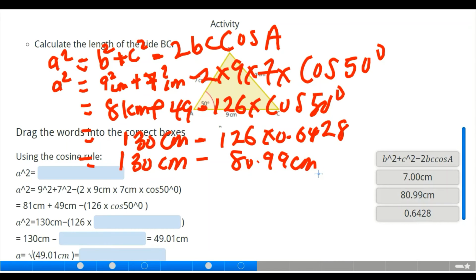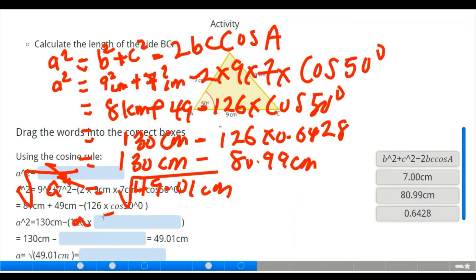So we have 130 minus 80.99, and the answer is 49.01. But remember, we have a square, so we introduce the square root so that we can cancel the square. So a equals root 49.01, that is 7. So it's going to be 7.00 centimeters.